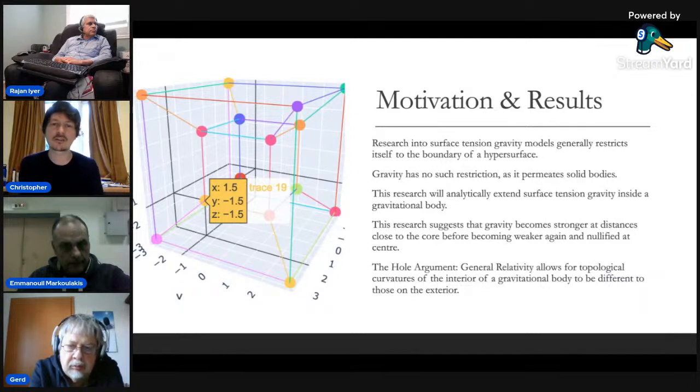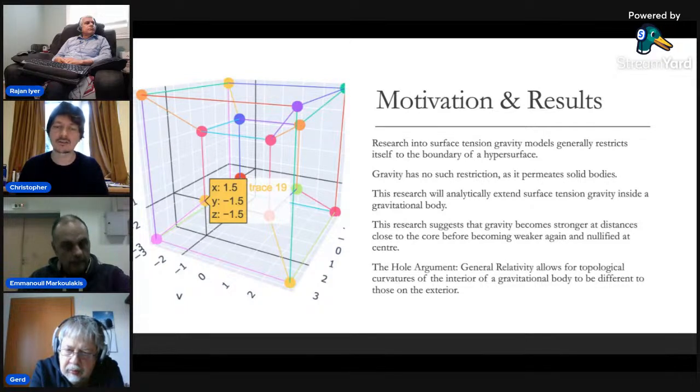So previous research, as we mentioned, into surface tension gravity models generally restricts itself to the boundary of a hypersurface, like I mentioned about the black holes. But as we know, gravity as a three-dimensional force has no such restriction. It permeates straight into the center of solid bodies. So this part of the research presentation will analytically extend the surface tension of gravity inside a body.